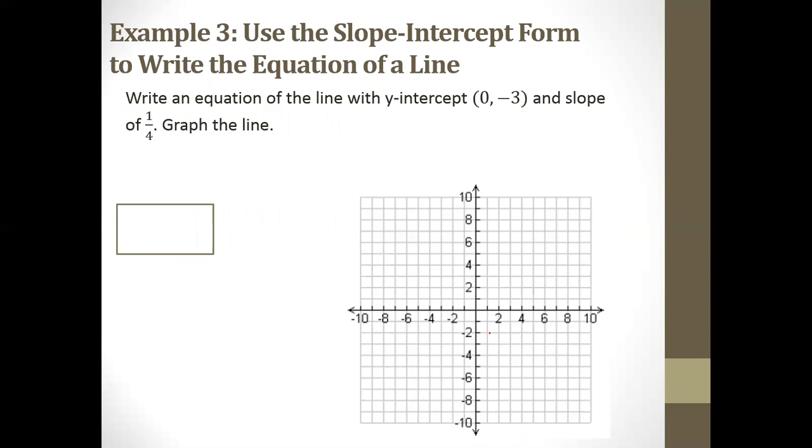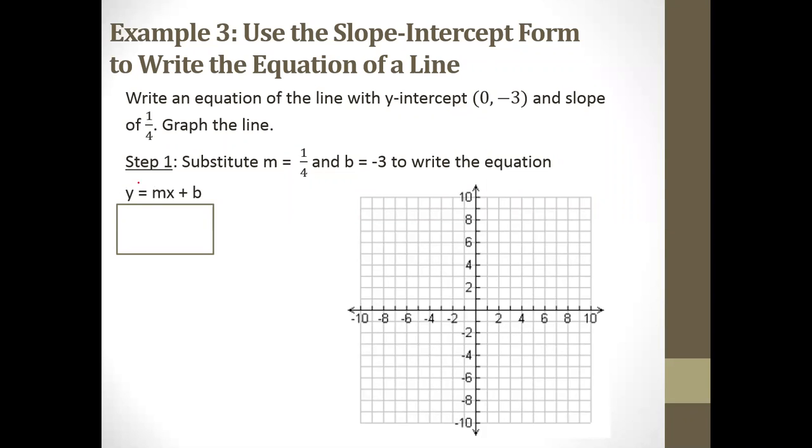Now here we are. We're going to use our slope-intercept form to write the equation of the line. So here our slope-intercept form of the equation, remember, is y equals mx plus b. In our directions, we're given the y-intercept as -3, so our b is -3.